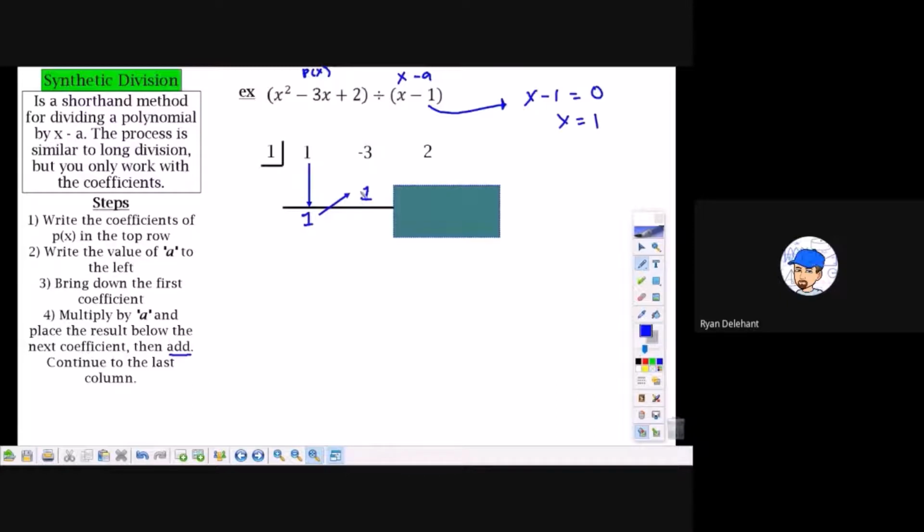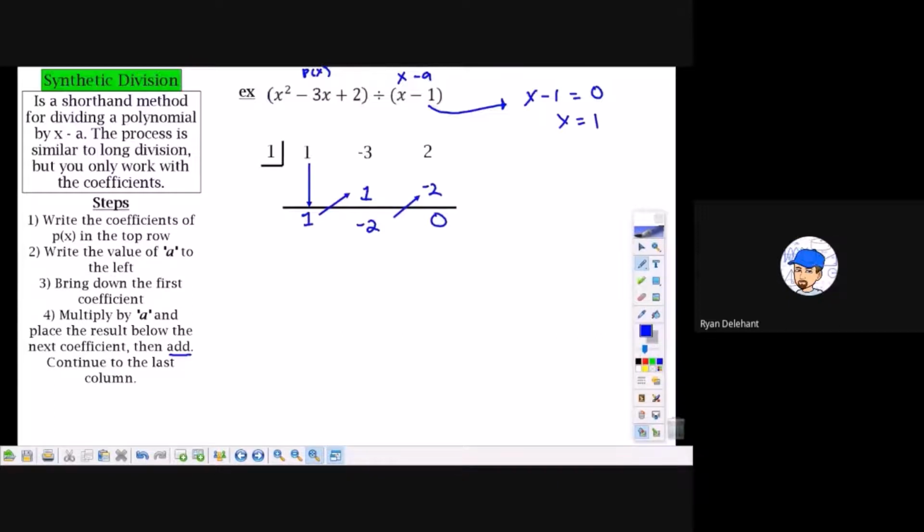Negative 3 plus 1 is negative 2. And repeat until you run out of space. Negative 2 times 1 is negative 2. What is 2 plus negative 2? 0.